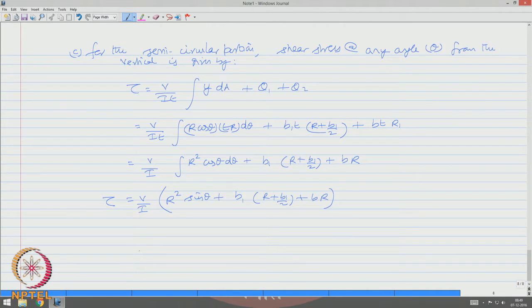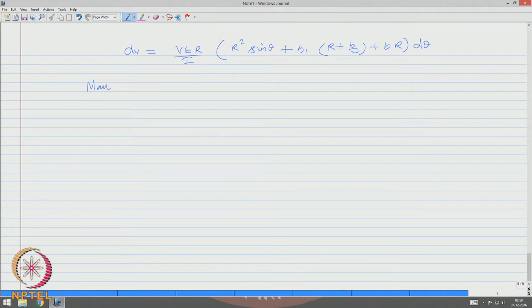That is my tau. So, the elemental shear force dV is given by dV is tau dA, which is V t r by I, r square sin theta plus B 1 of r plus B 1 by 2 plus B r, d theta.